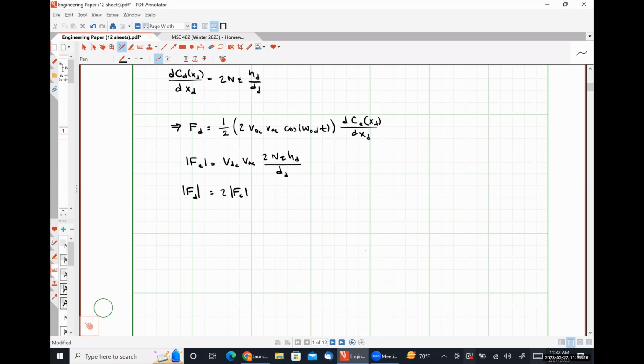Because HD is no longer 10 microns. It's going to be 10 microns minus that displacement. So we need to recalculate FAC. If you want to be thorough, which again, I'm perfectly honest here, I did not think about that effect when I was writing this, but that absolutely is going to cause some small change.